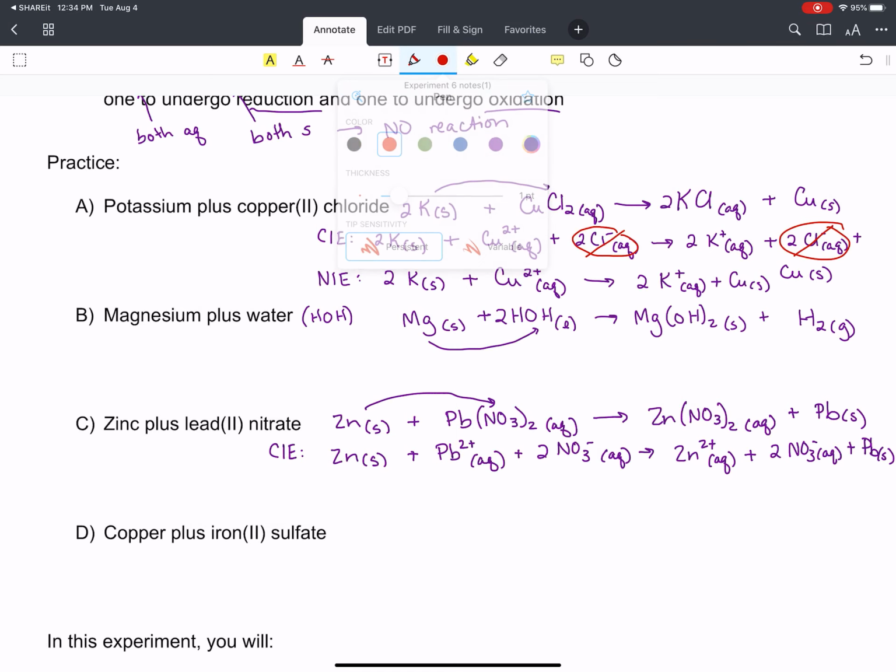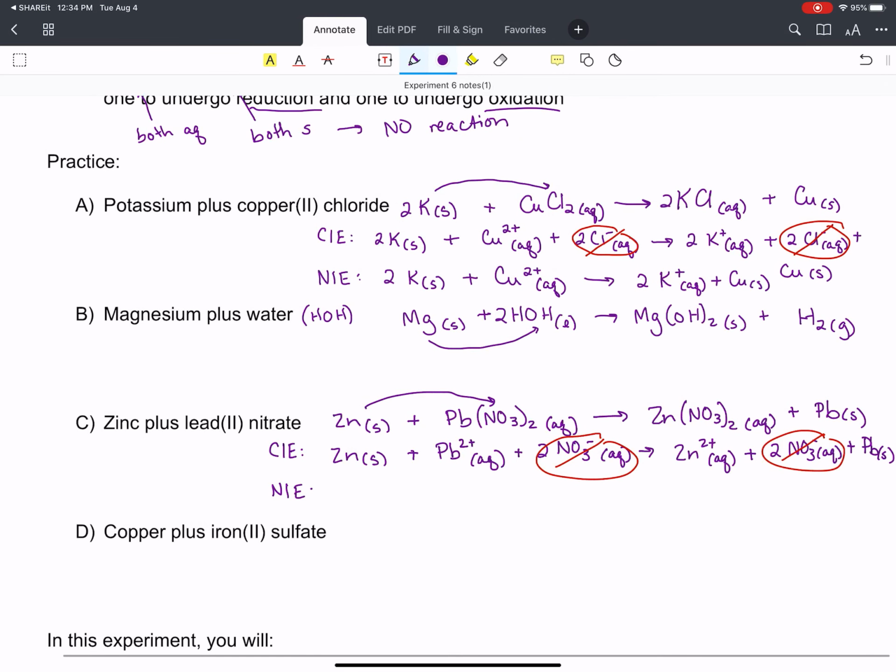Again, we're going to cancel the things that are in common on both sides. Our net ionic equation is zinc plus lead 2+ ions react to make zinc 2+ ions and lead solid.